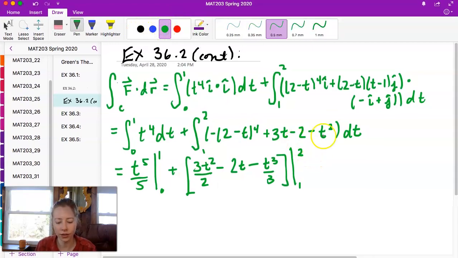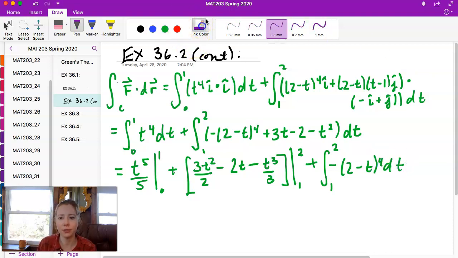All right, let's write down the last piece. We can split this into two. This piece is pretty easy to integrate, but the minus 2 minus t to the fourth is more challenging. So we will definitely include that and write it down. So we've got the integral from 1 to 2 of minus 2 minus t to the fourth dt. Now we can do our u substitution.